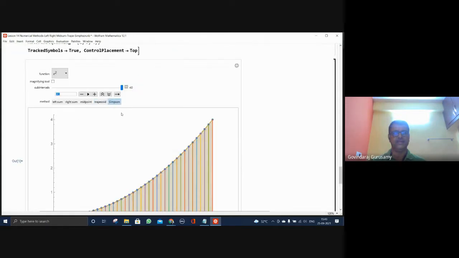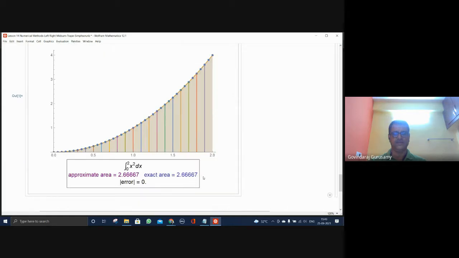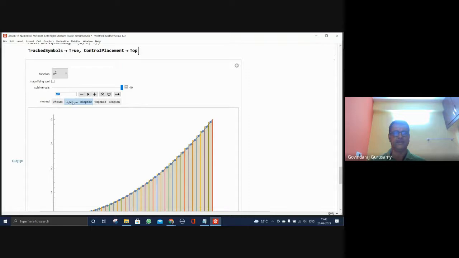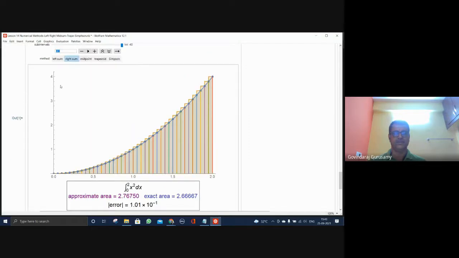Simpson has almost reached the given 7 or 8 digit accuracy, 0 error. Midpoint, yes, you do have some finite error. This error is huge, in fact, at the 48 iterations, which means I cannot really afford to use this kind of midpoint or right sum or left sum. Midpoint also has an error, but it's better compared to the others. There is an error compared to Simpson. Right sum, left sum.